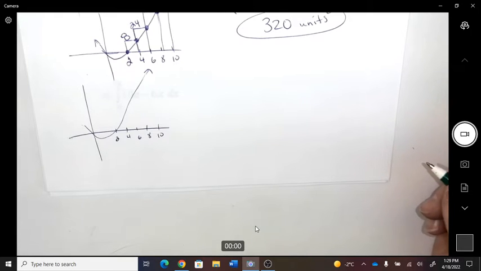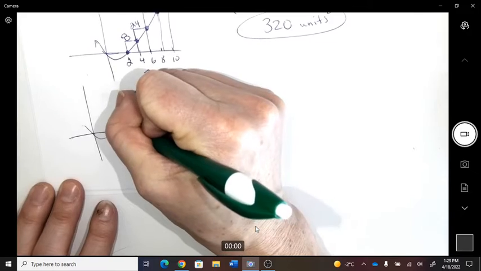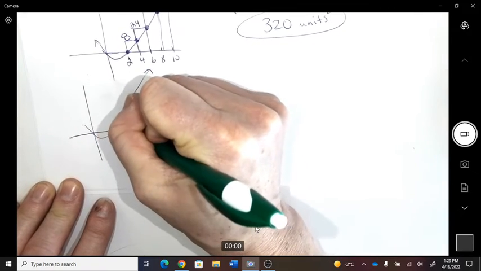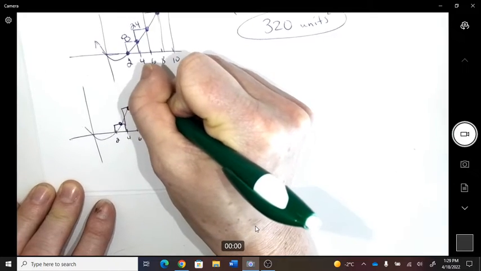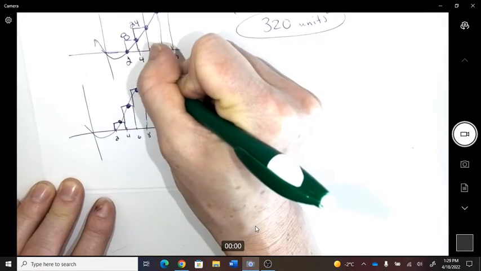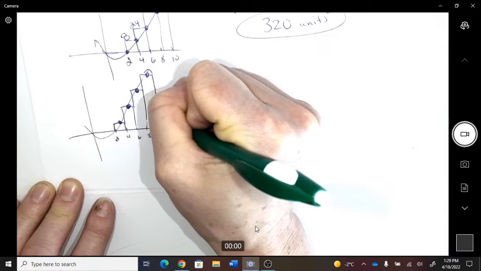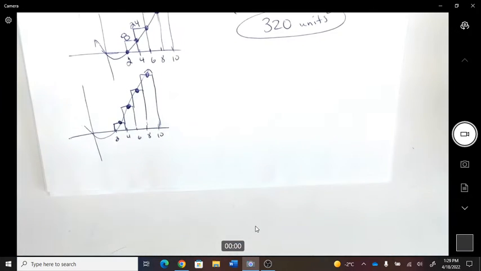Okay, the midpoints, we're going to have to re-input. But I will draw them here. So that's the midpoint kind of drawing.